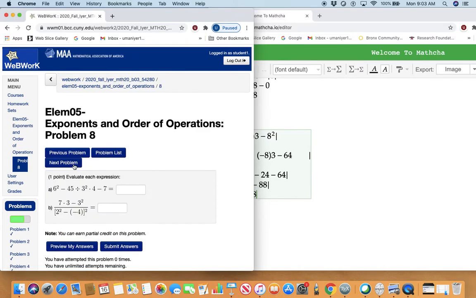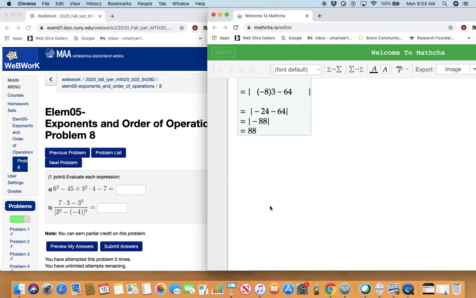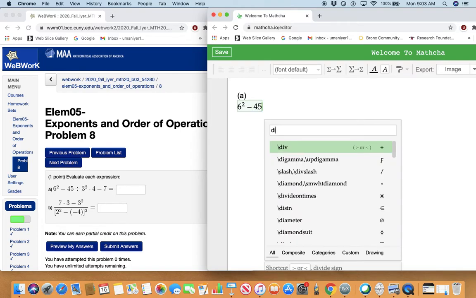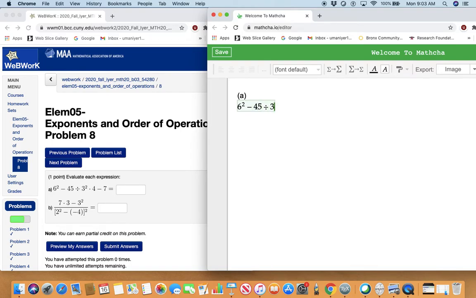Next. Problem 8, A part. Okay, it says 6 power 2 minus 45 divided by 3 power 2 times 4 minus 7.